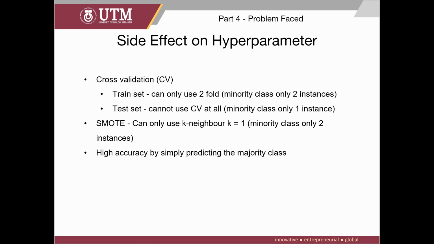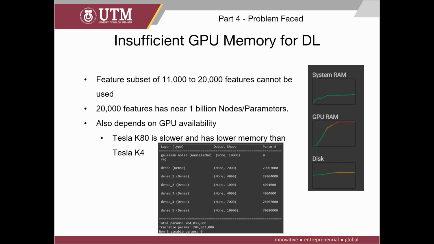The next problem is insufficient GPU memory for deep learning. This is a new problem I found after implementing the SDAE algorithm. For feature subset of 11,000 to 20,000, they cannot be used because the GPU simply does not have enough memory for them.